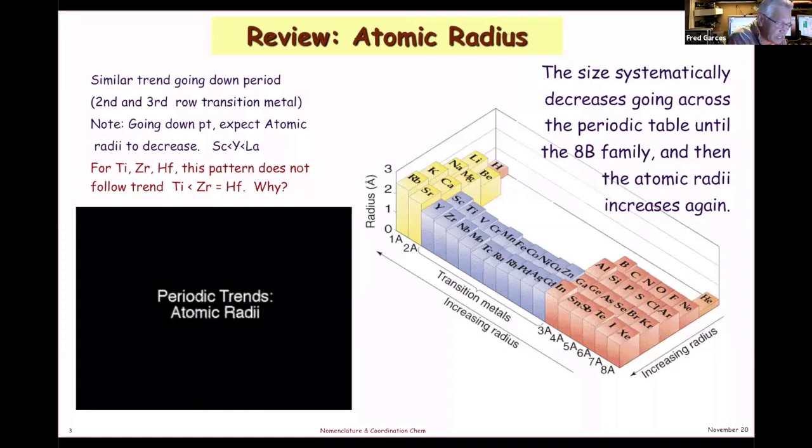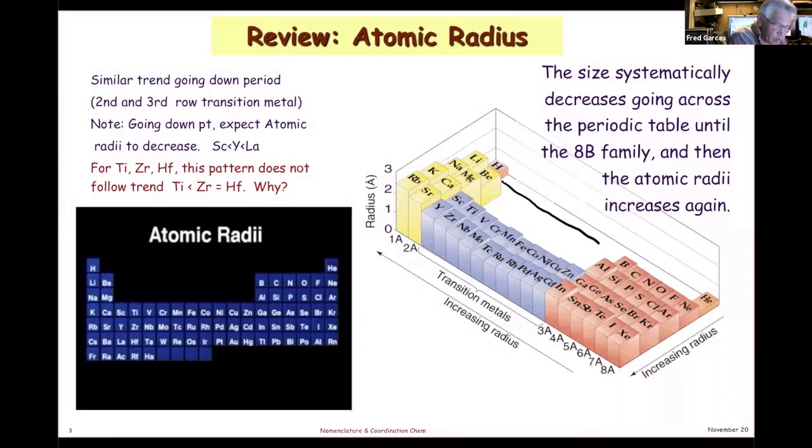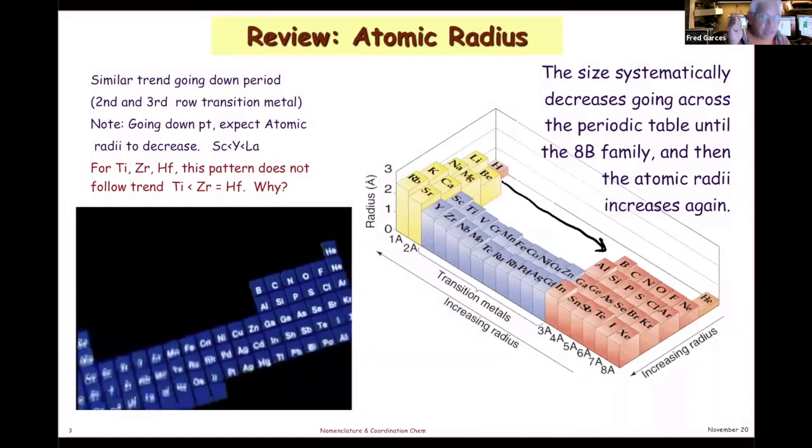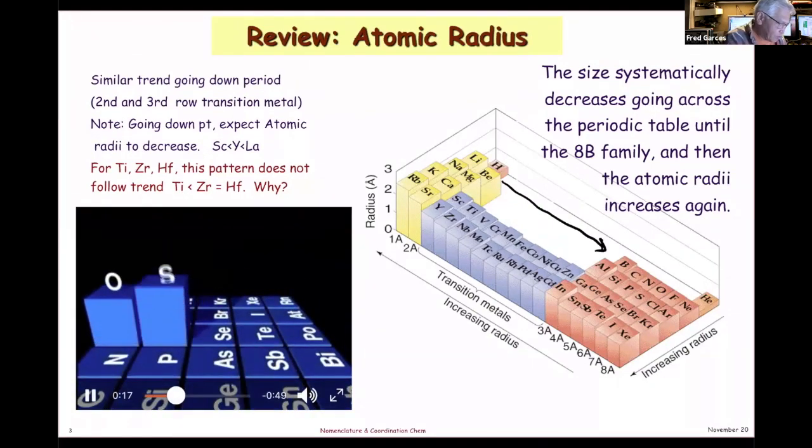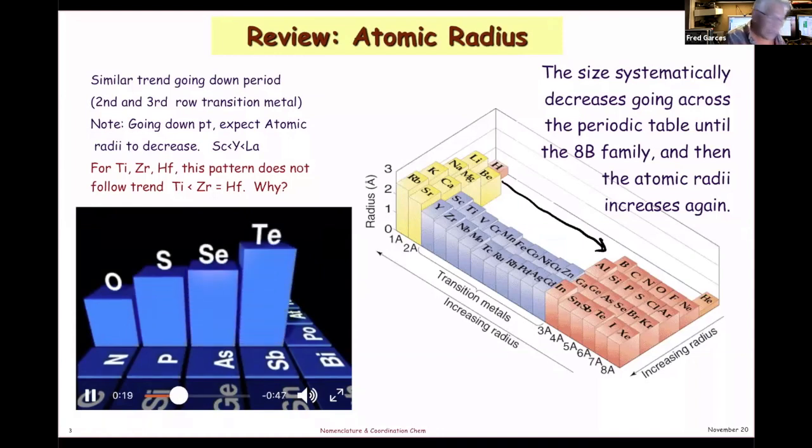And so what you see here is that the size actually decreases going from left to right. Why does it decrease going from left to right? Because of something called Z effective. Hopefully you guys are remembering all of these terms that I'm throwing out, because you learned that again in Chem 200. Let me stop this real quick because I don't want to show that yet.